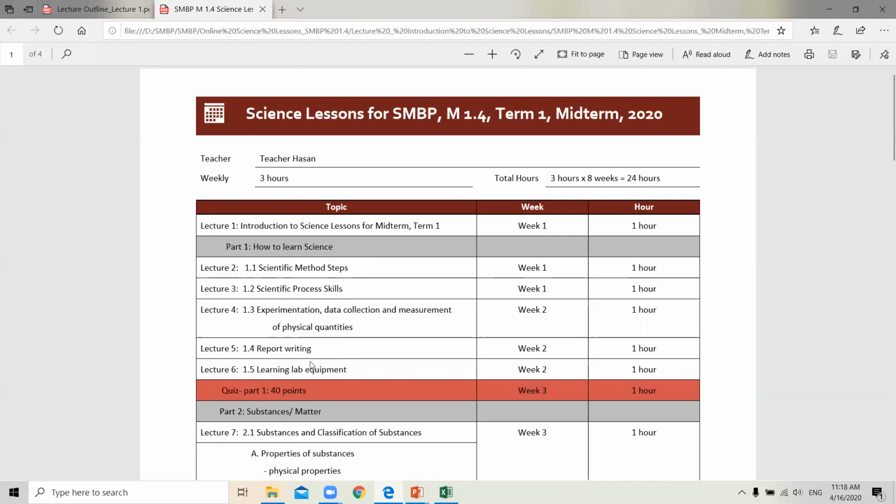Then we will study about report writing, and we will get to learn about some lab equipment that we use in our daily life lab activities.